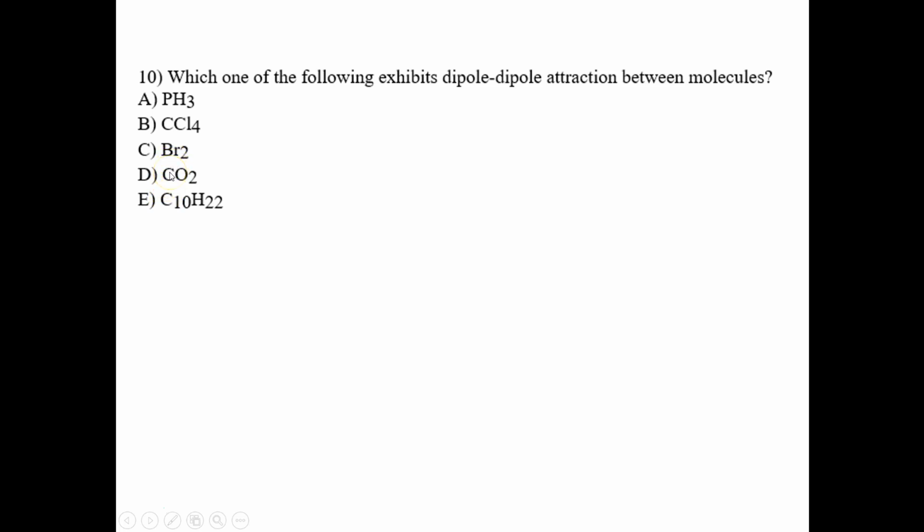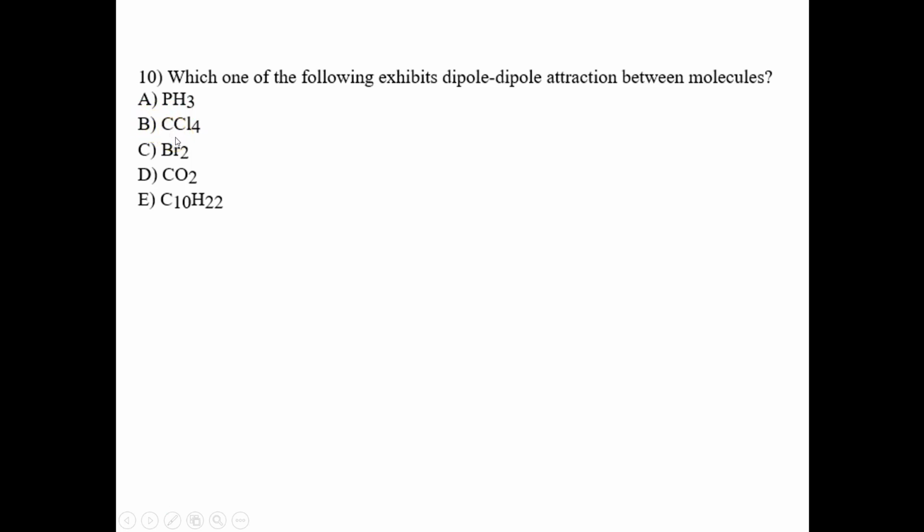Carbon dioxide contains polar bonds, but the central carbon atom has two domains around it, so it's a linear molecule. The dipoles cancel each other. It is a nonpolar molecule. Bromine is a diatomic molecule between two atoms of the same element, so it has a completely nonpolar bond between them, so it's a nonpolar molecule. Carbon tetrachloride is tetrahedral.